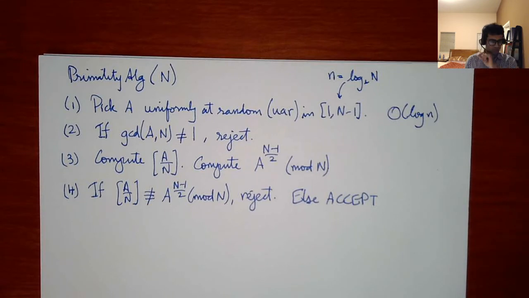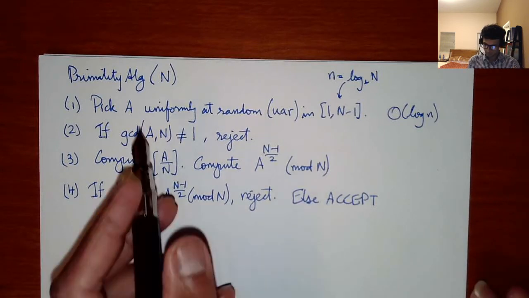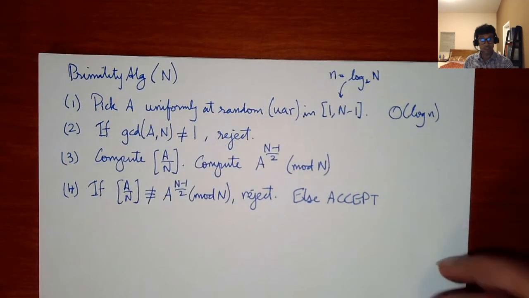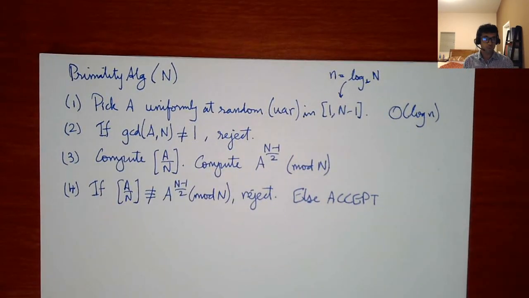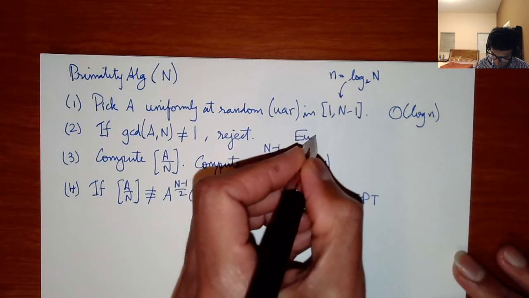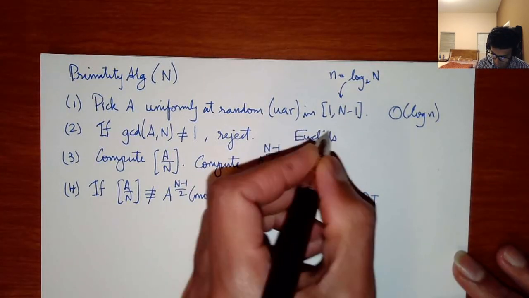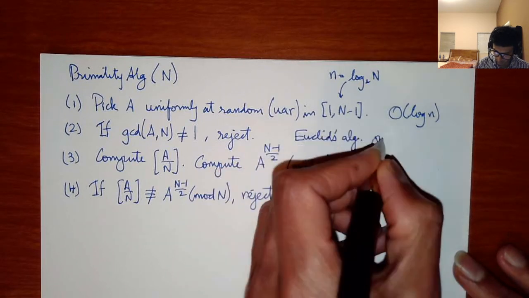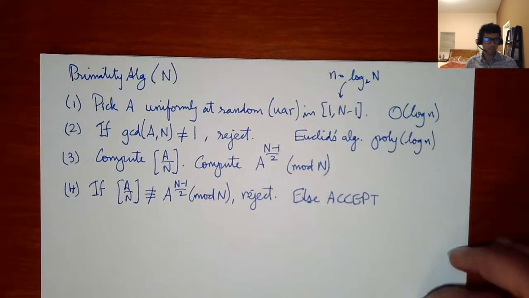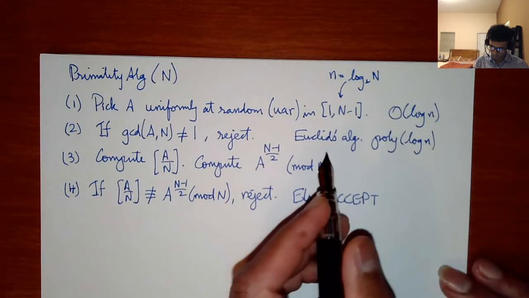You just guess the bit representation of a number. What about computing the GCD? If you use Euclid's algorithm, then you can do this in polylog n time. I believe probably log squared n, or correct me if I'm wrong. Polylog n time.